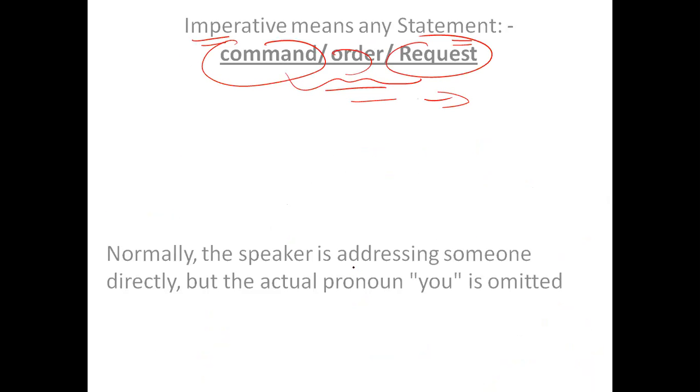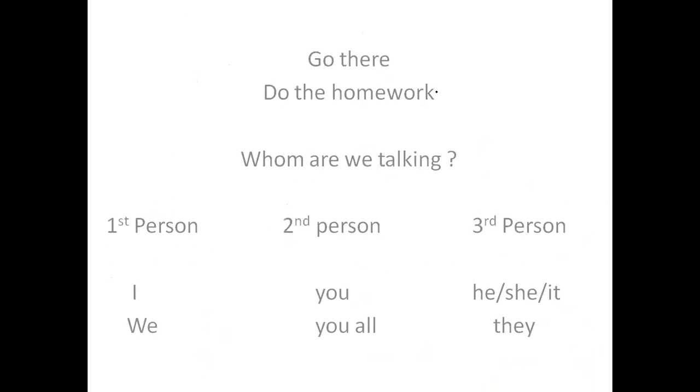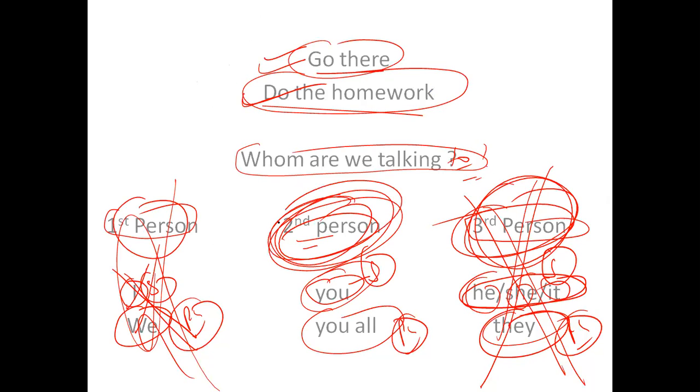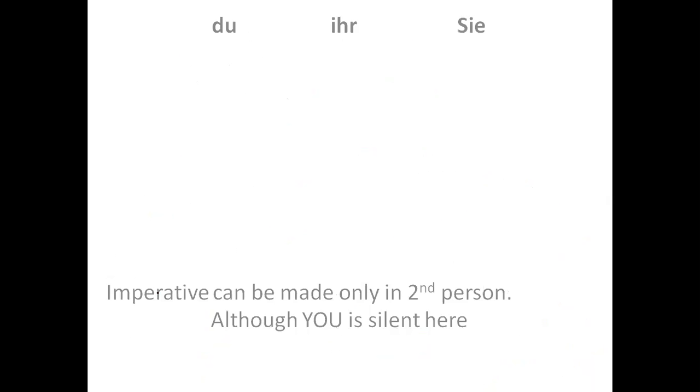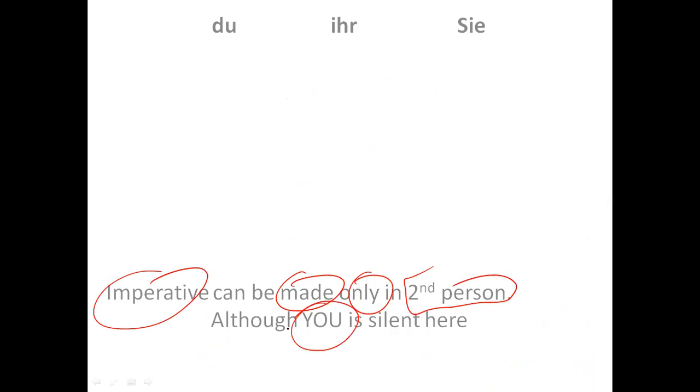That means the order, the command, the features we have talked about, command, order, request, all these things I can use only in second person form, you or you all. Although you is silent here, this is the most important feature.